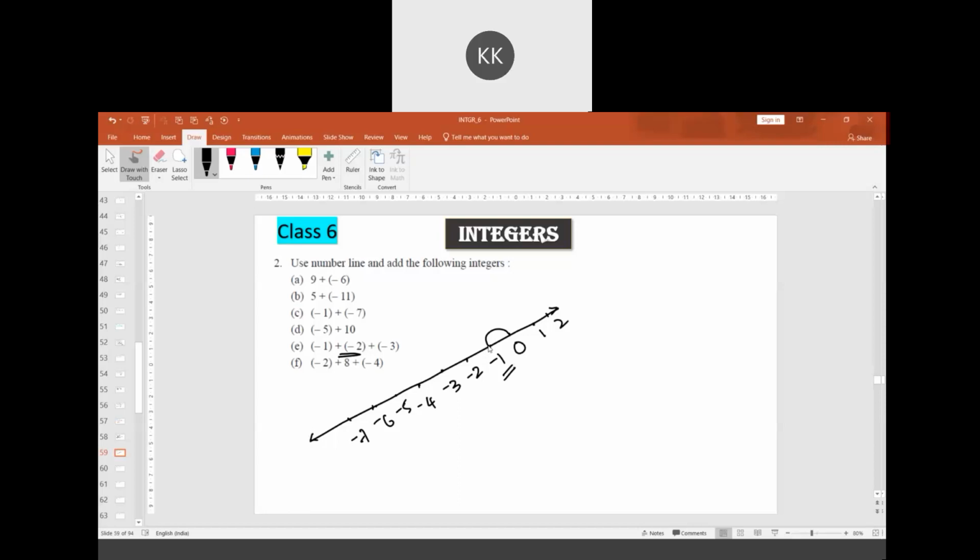So when negative integer is there, we move towards the left side, 1, 2. So we are going to get -3. From -3, we have to go further 3 steps towards the left since it is a negative integer. 1, 2, 3, and we get the answer as -6.